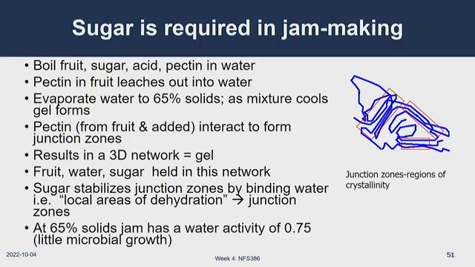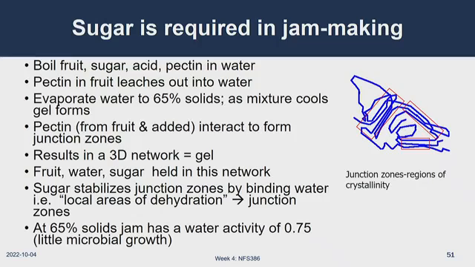Then, because of the change of water content and the cooling down, same as the jellification of starch, we'll have a formation of gels. The gels of pectin form from the interaction of the pectins to form, remember, the junction zones, to form this grid, same principle as starch jellification.